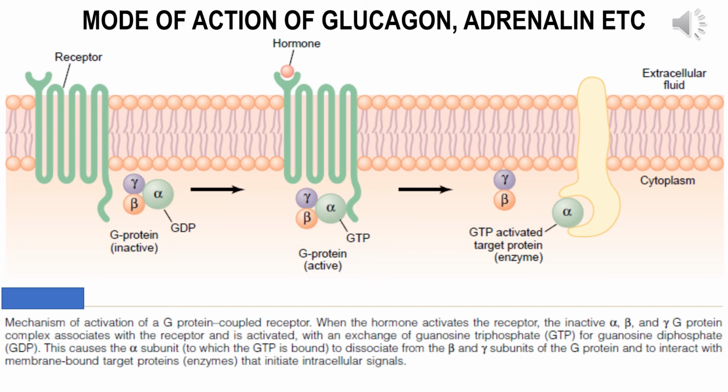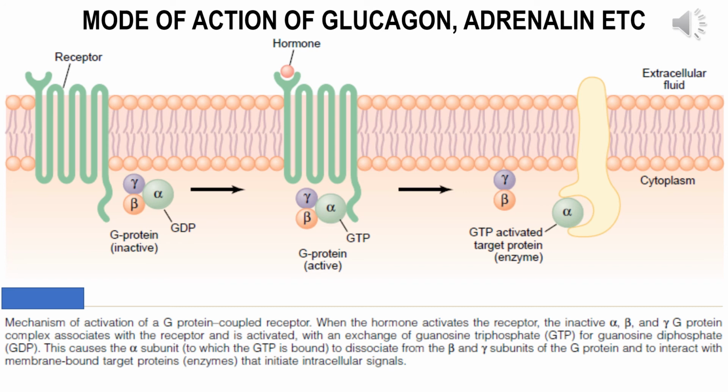When a hormone is binding to the domain outside the plasma membrane, its cytoplasmic region is binding with a G protein. Initially the G protein was there, but it was bound with the GDP and it was inactive. But when the hormone binds with the receptor, the G protein is bound with the GTP and it is active.